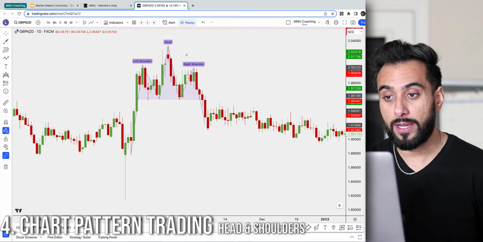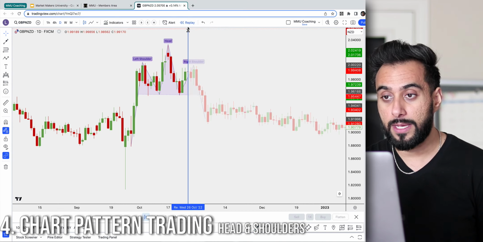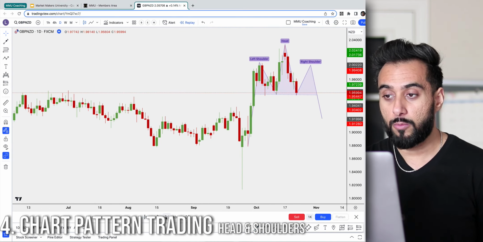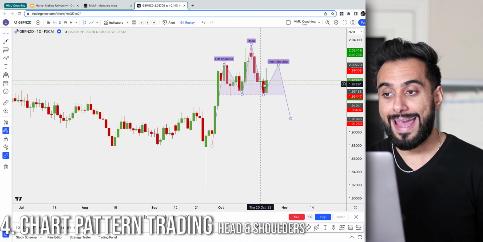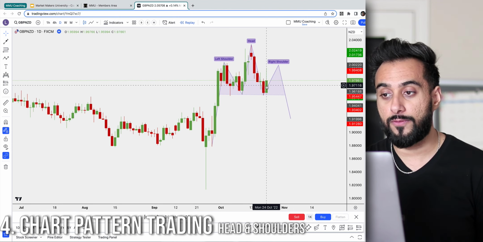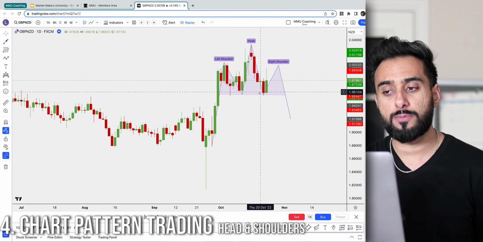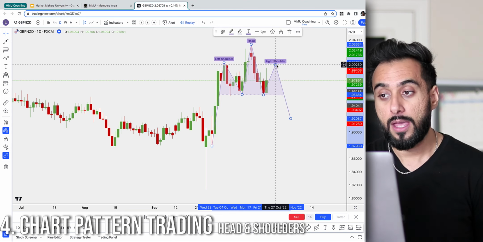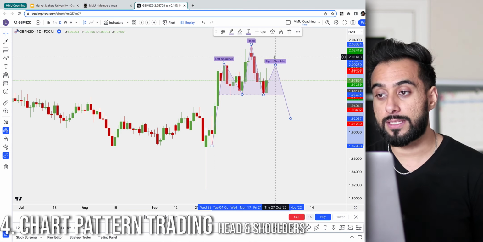So at this point, let me hit the little replay tool, roughly around this candle. At this candle is where we should identify and say, okay, hold on, this price went low here and now it's rejecting back up. This gives us enough information to determine where we want our right shoulder to be. And our right shoulder should be roughly around this level over here.